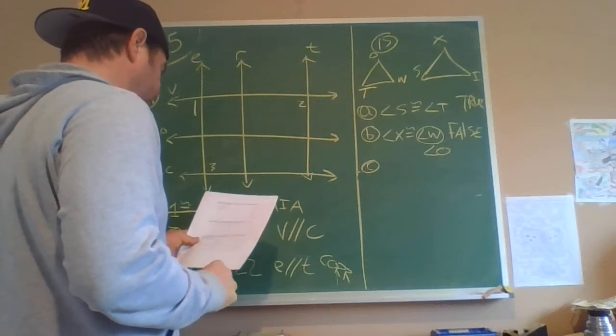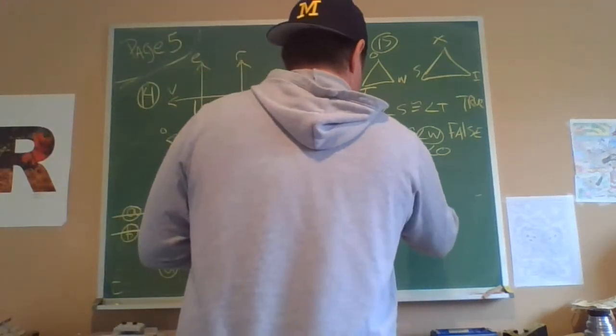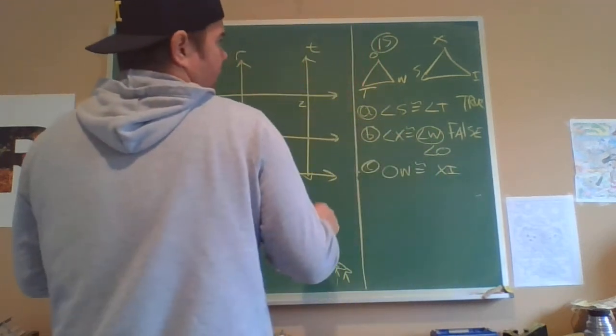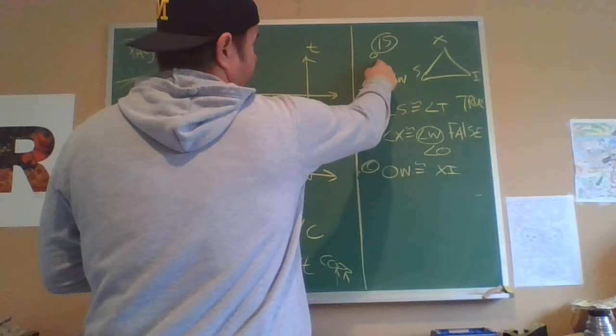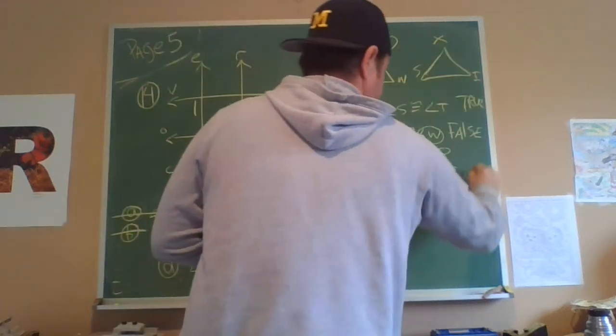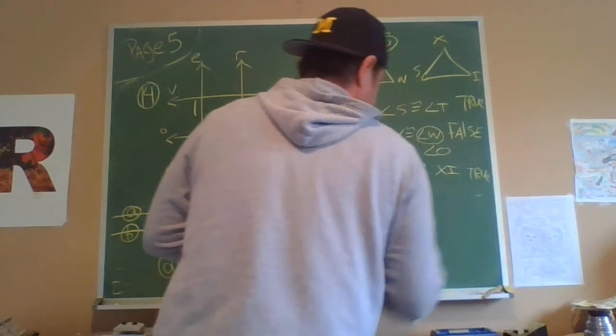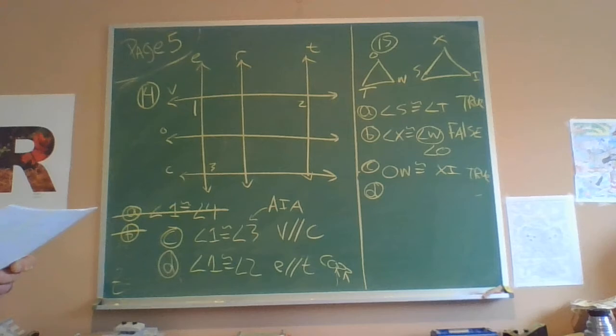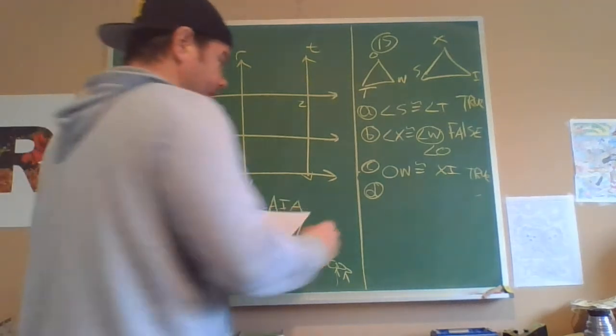Part C. Segment OW is congruent to segment XI. Is this true or not? That's true. OW corresponds to XI. And last but not least, part D. OT is congruent to IS.